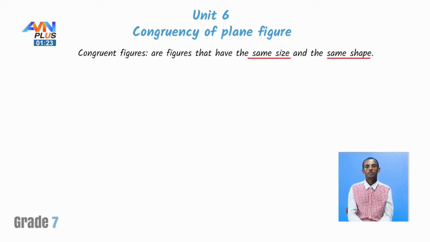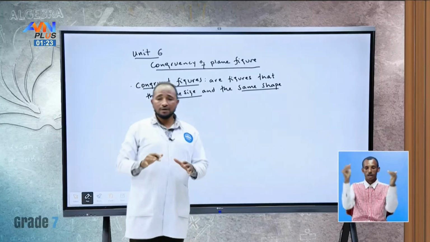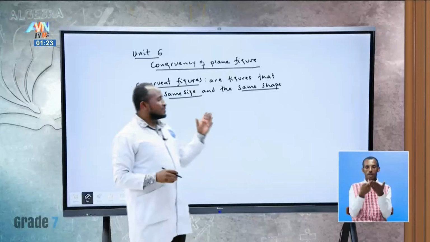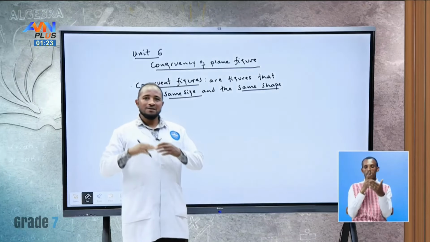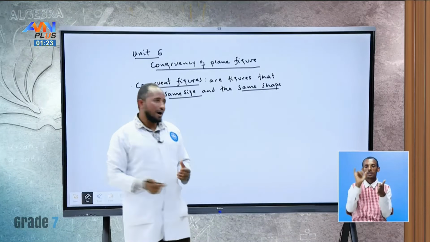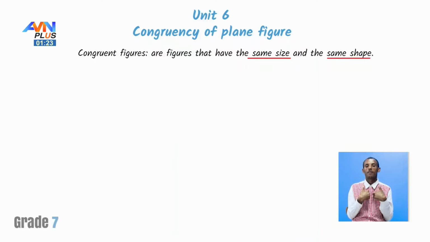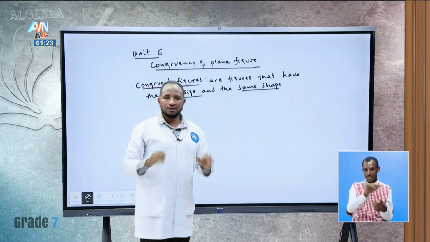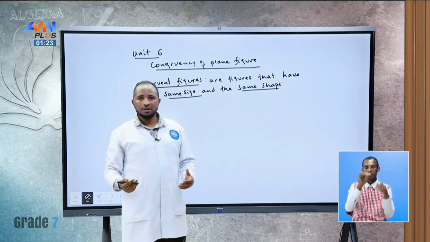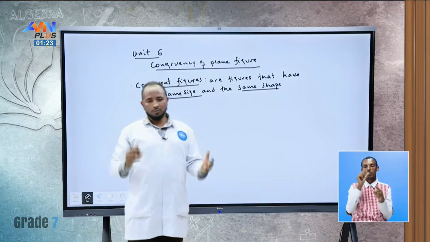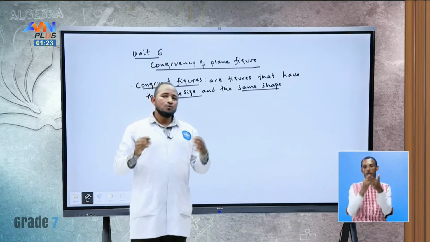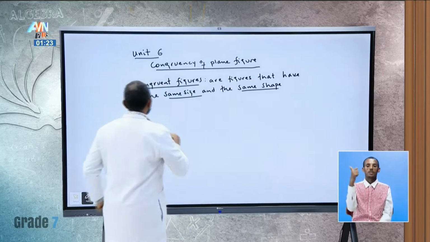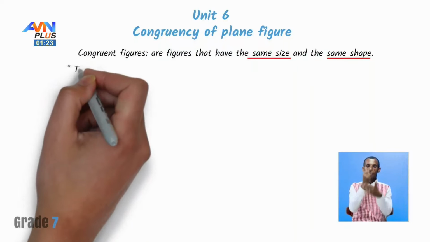Two figures are said to be congruent if they have the same size and the same shape. Or in other words, congruent figures are figures that have the same size and the same shape. In other words, one is the exact copy of the other.